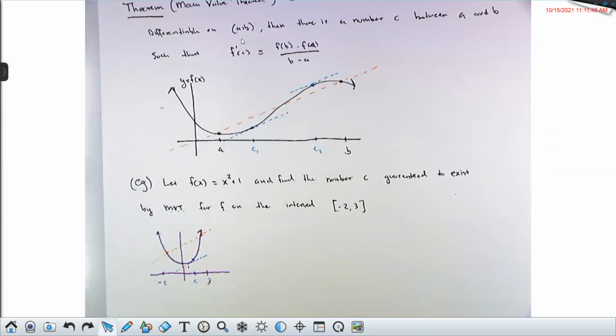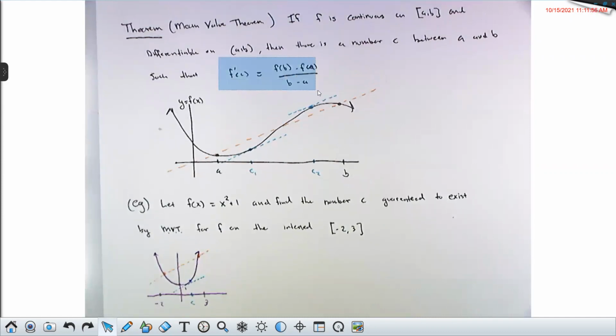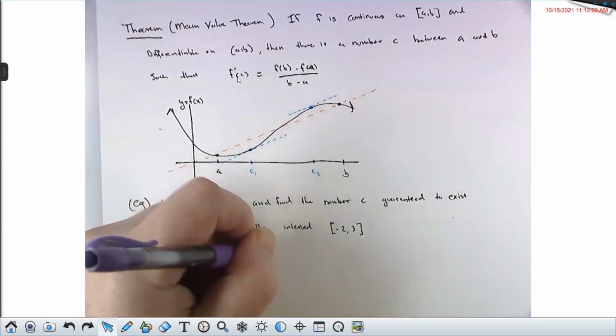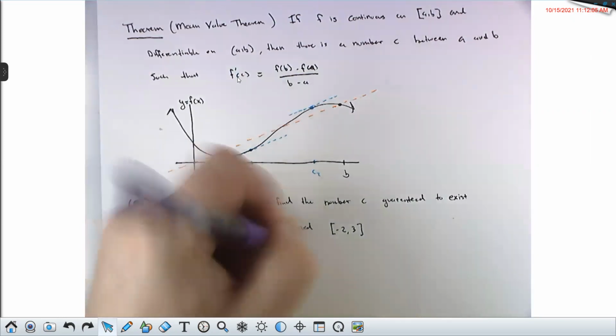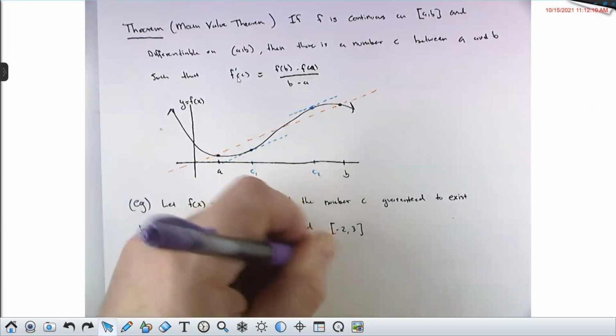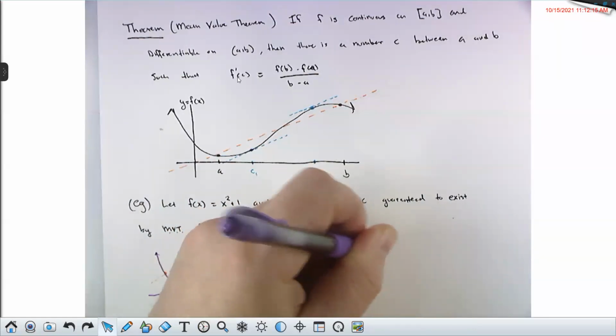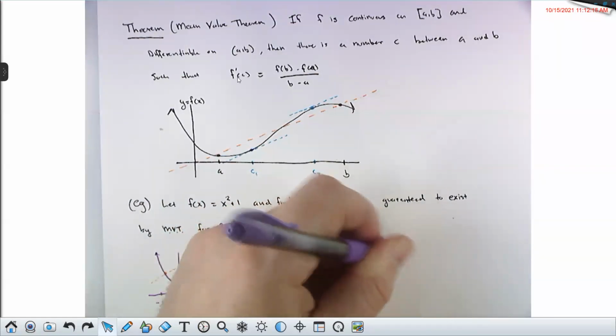So our goal is to find this number c. We need two things. What I'm going to be doing is trying to solve an equation like this. So I need to know what is this, and I need to know what is f prime. So here, f of b minus f of a divided by b minus a is f of 3 minus f of -2 divided by 3 minus -2.